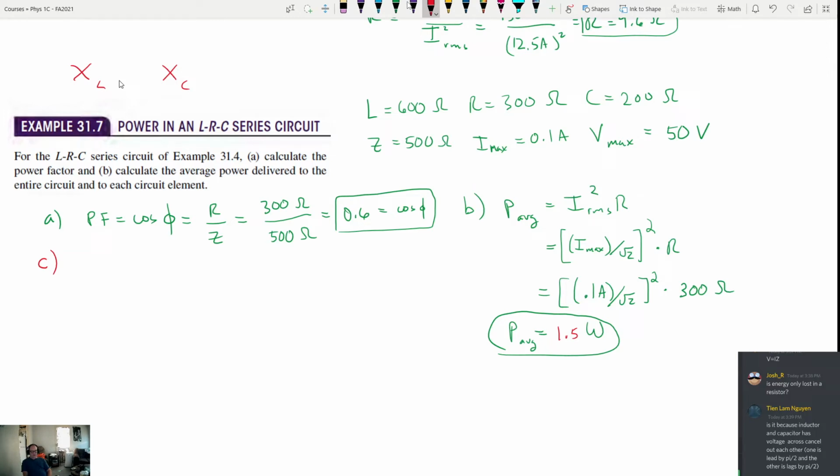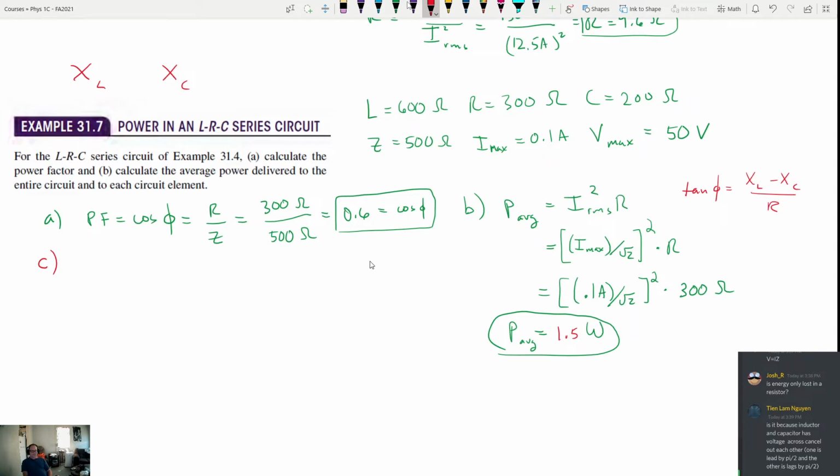Which is bigger, XL or XC, if phi is positive? If you can't remember, I'll put the equation here. Which is bigger, XL or XC? If phi is positive. This means phi is positive, right?